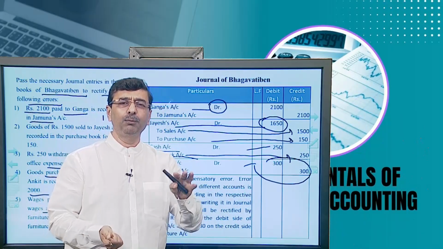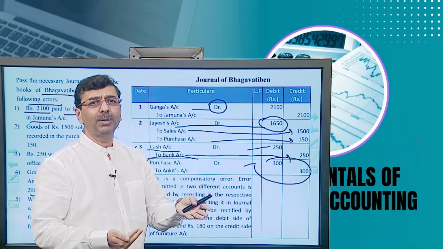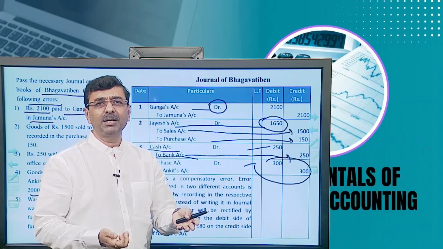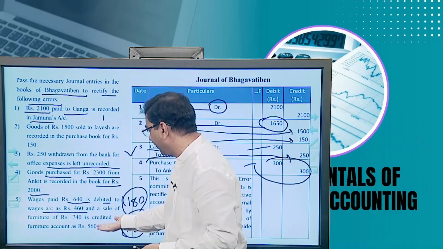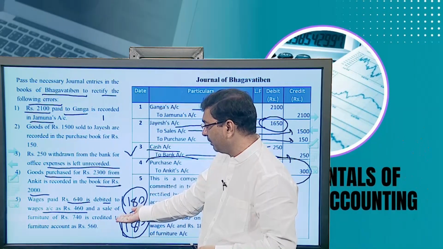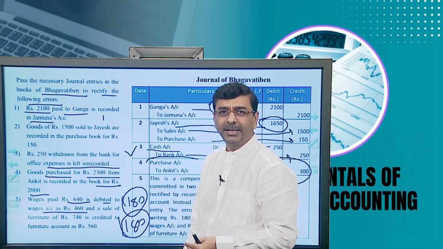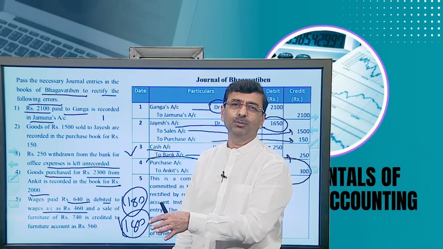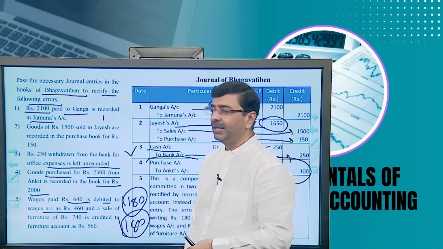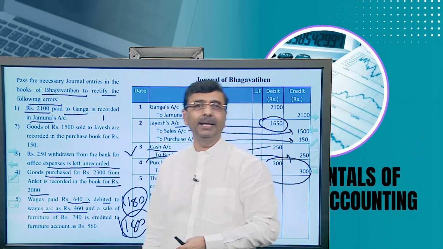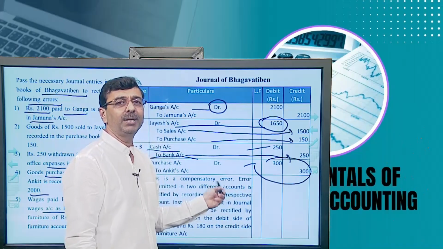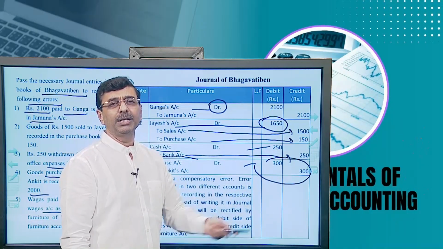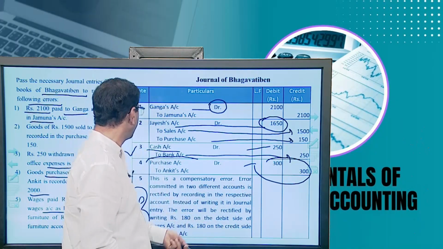But if you want to rectify it, the furniture account recorded the sale of furniture 740 as 560, so 180 was lesser credited. So furniture has to be credited 180 and wages has to be debited 180. In general entries we write: wages account 180 to furniture 180.